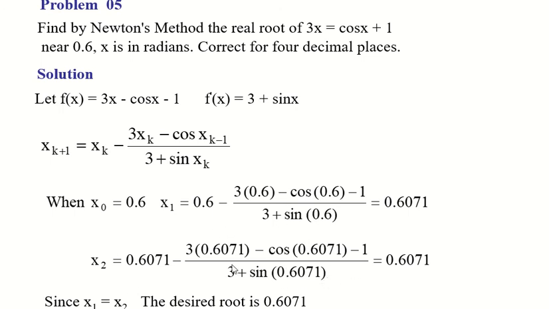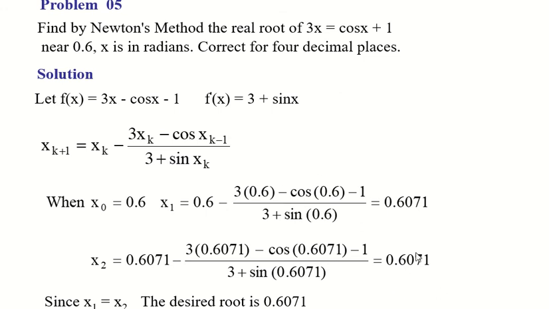You can calculate this again using calculator. You will get the answer as 0.6071. So go back to x1: x1 is 0.6071, so x1 and x2 are equal. You need not go to the next iteration.